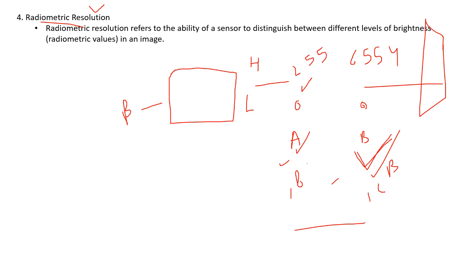Remember, sorry, there are 4 characteristics I told you of images. Out of these 4, of course, 2 are very important. One is spectral resolution and second is spatial resolution.